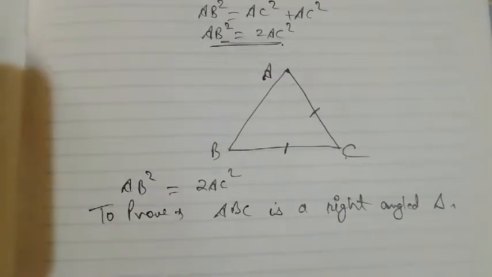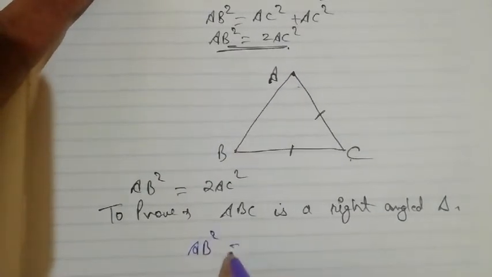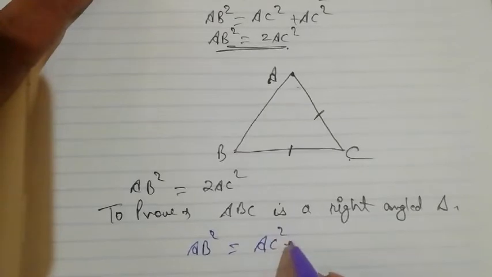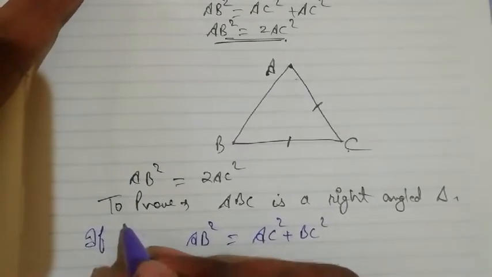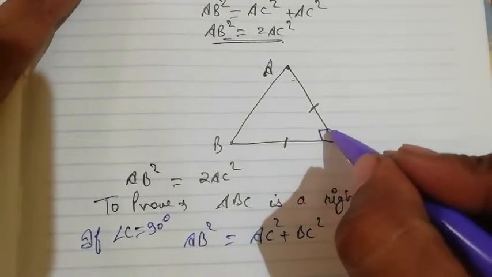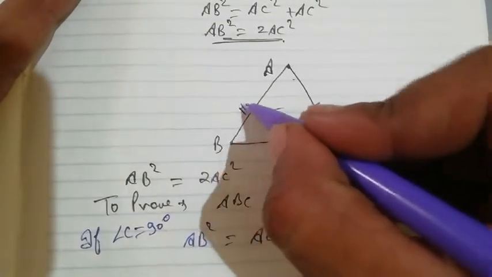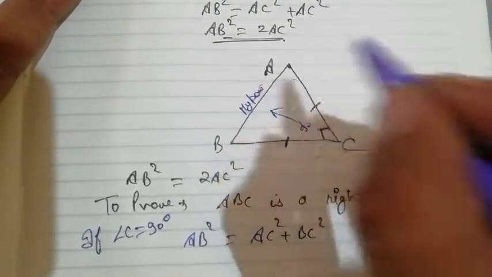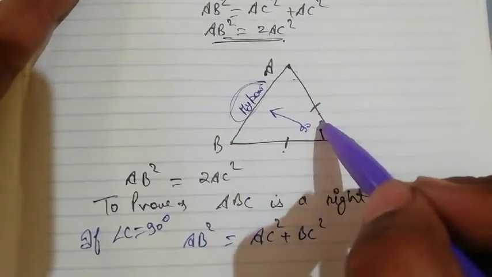So what we can do here is, if we prove AB square is equal to AC square plus BC square, with angle C equal to 90 degrees, then the side opposite to 90 degrees will be the hypotenuse, and hypotenuse square is equal to the sum of the squares of the other two sides.